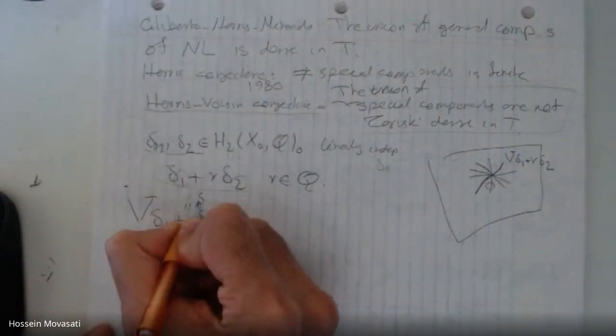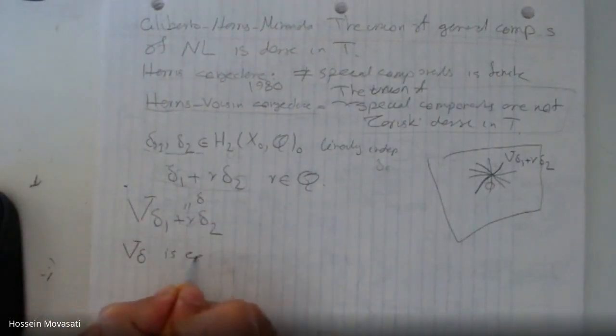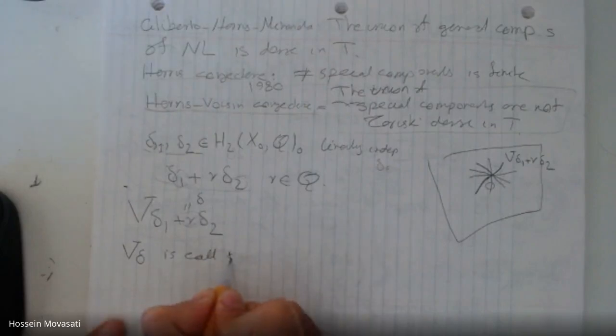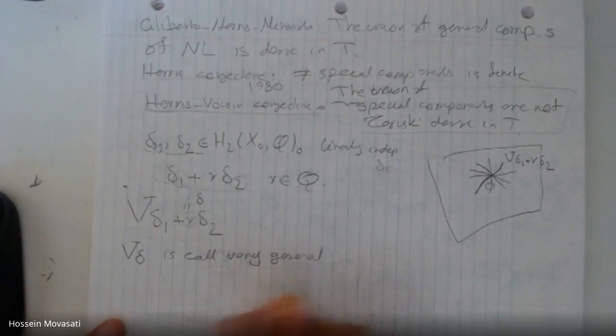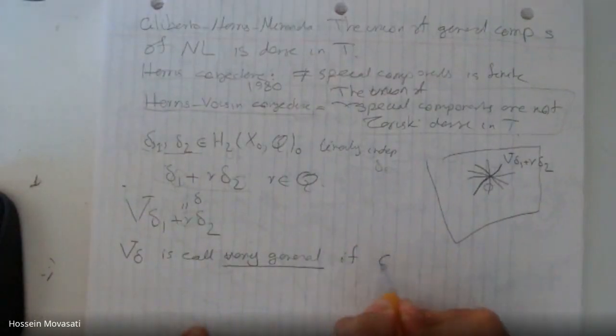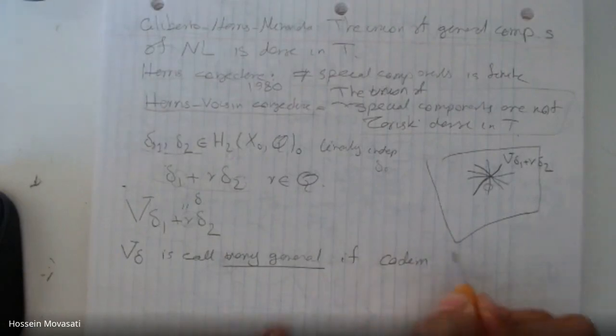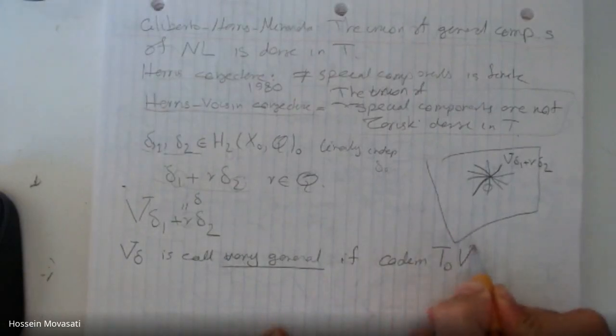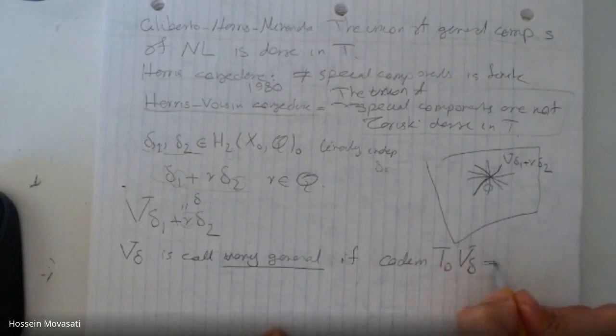What I want to say, let's call this delta. V delta is called very general, and in a moment we will see if the codimension of the tangent space of V delta at zero is the maximum one.